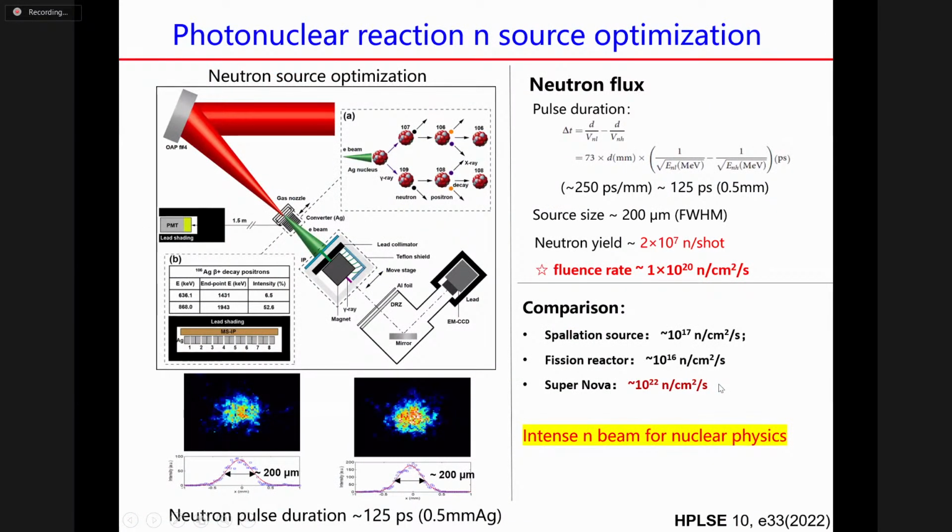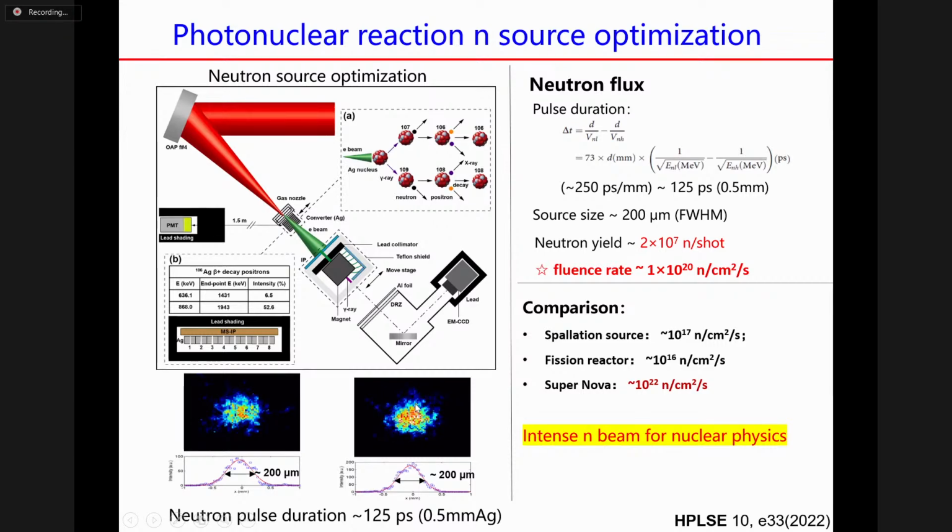The interesting thing is, last year we had a publication showing that we used a highly charged electron beam hitting a converter and produced, through the gamma-n reaction, neutron sources with a diameter of 200 nanometers to micrometers.